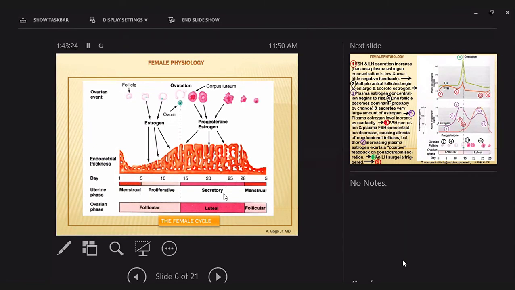If there is no fertilization, then menstruation will again take place because the corpus luteum will degenerate. Okay, and go back to day 1. Okay, you read on this.